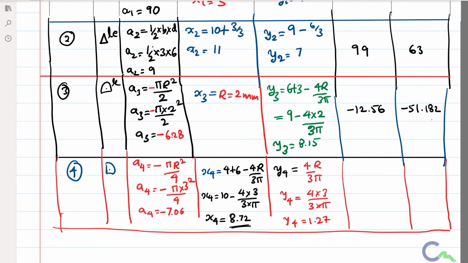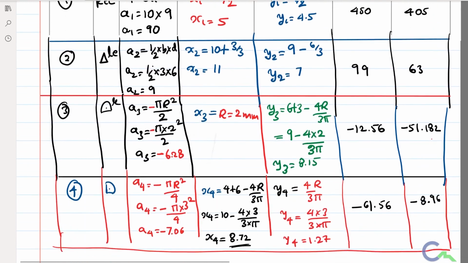Then A4 x4, that is minus 7.06 into 8.72, is equal to minus 61.56. Then we have A4 y4, that is 7.06 into 1.27, we get minus 8.96.